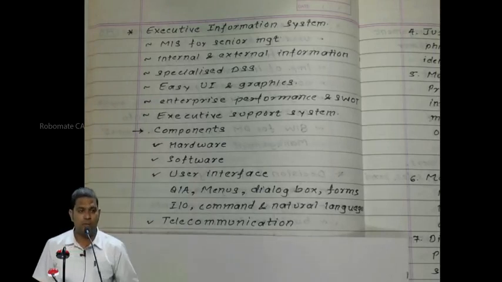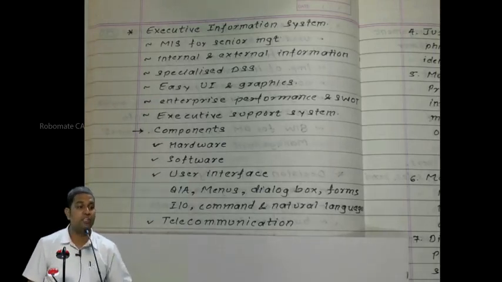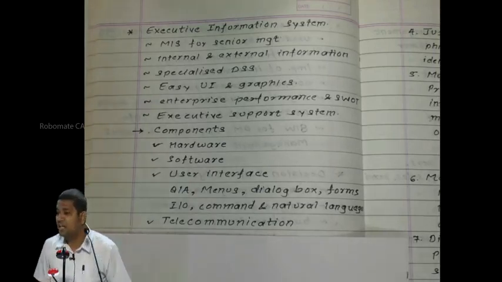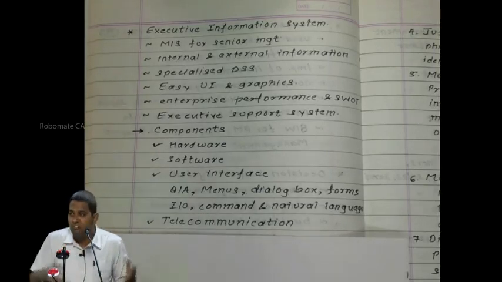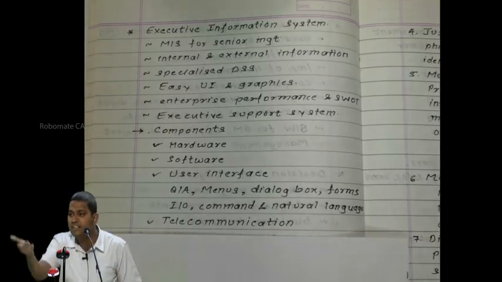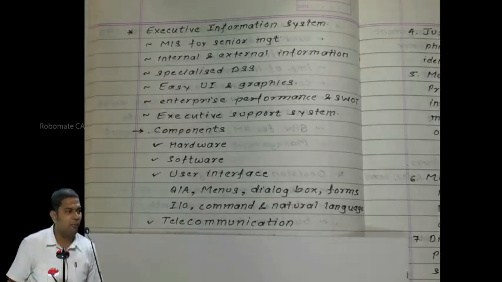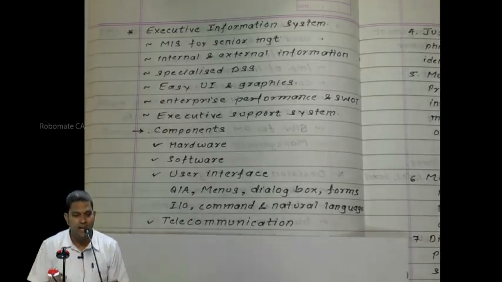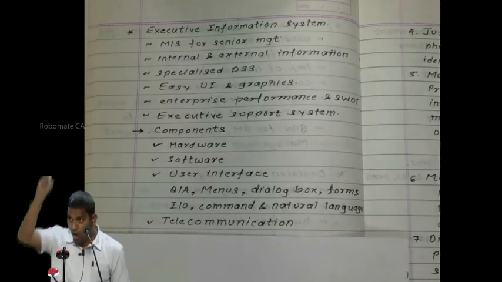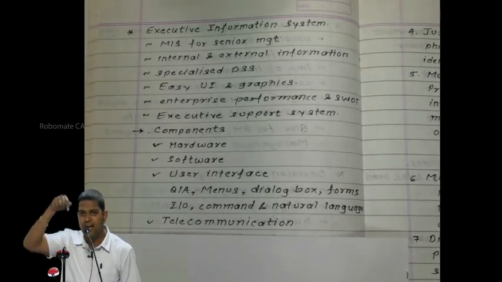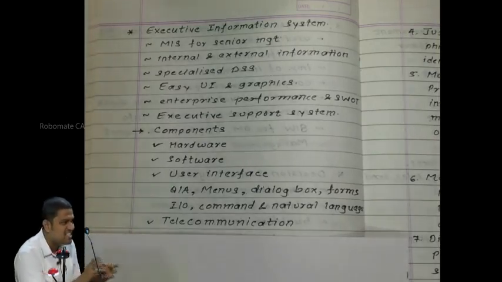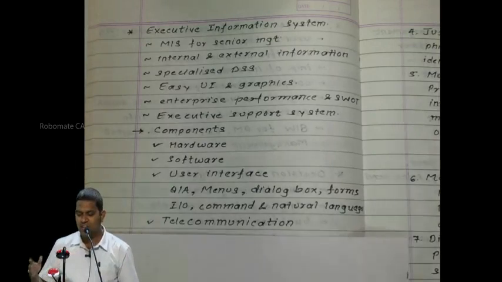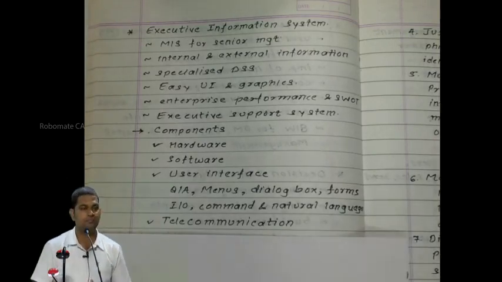The information about the product, the machines, the employees, the working conditions, the financial status of our company is internal information. Both can be provided to the top level management by MIS. And this type of specialized MIS is called an Executive Information System.